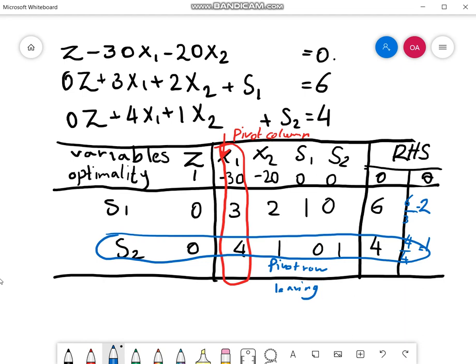The intersection between the pivot column and the pivot row is called the pivot element, which means all the coefficients inside my pivot row should be divided by the pivot element.